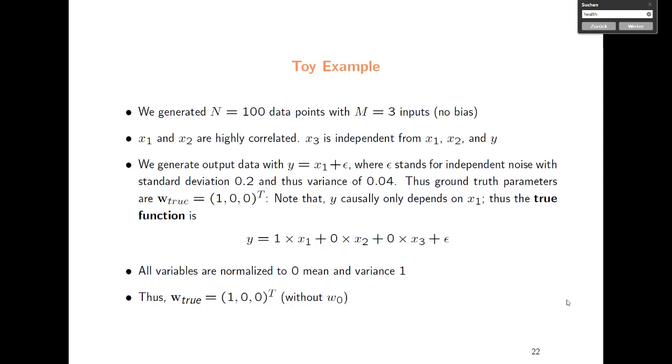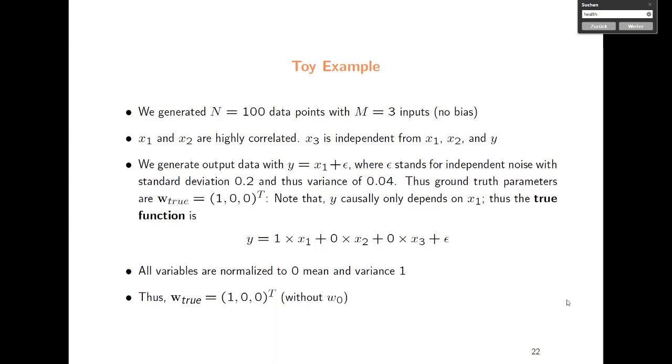The way I generated the data, x1 and x2 are highly correlated, so they're almost identical. And x3 is independent from x1, x2 and also from the output. These are typical situations: you see correlations between inputs, they're not independent. But then there are also some inputs which simply don't have anything to do with the output, but you don't know it.